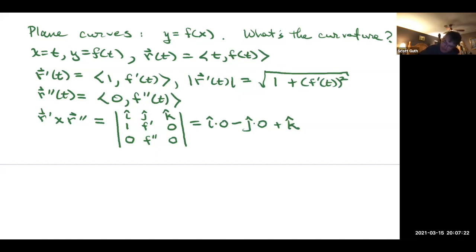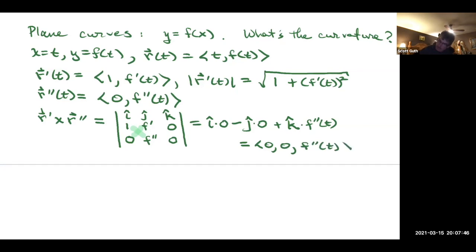So the k component goes this way, and you can see there's a 1 times f double prime minus 0. So it's just f times f double prime. I'll do f double prime of t. So if we wanted, we'd write this as a vector 0, 0, f double prime of t.